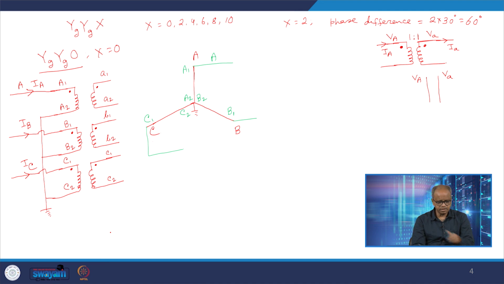Now at the secondary side, because x is equal to 0, there is no phase difference. So this also would be exactly the same thing. There is absolutely no phase difference. So this is also VA, this is phase A, this is phase small b, and this is phase small c.